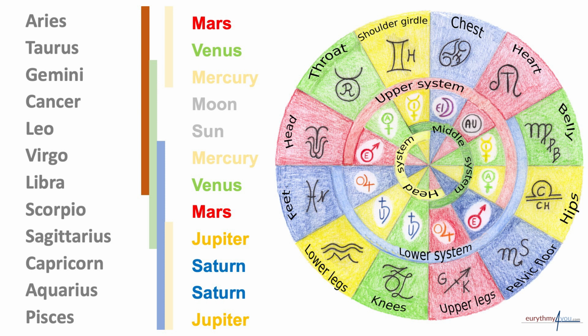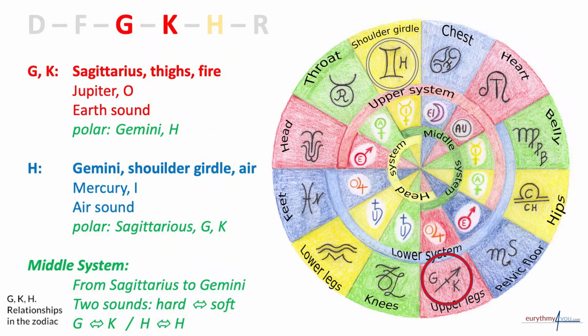And those two, Jupiter and Mercury, are the systems which stand behind the sounds we are working with today. I told you we speak about or move through G, K and H, and the red circle down there is the field of Sagittarius, the G and the K, in the thighs, in the upper legs.